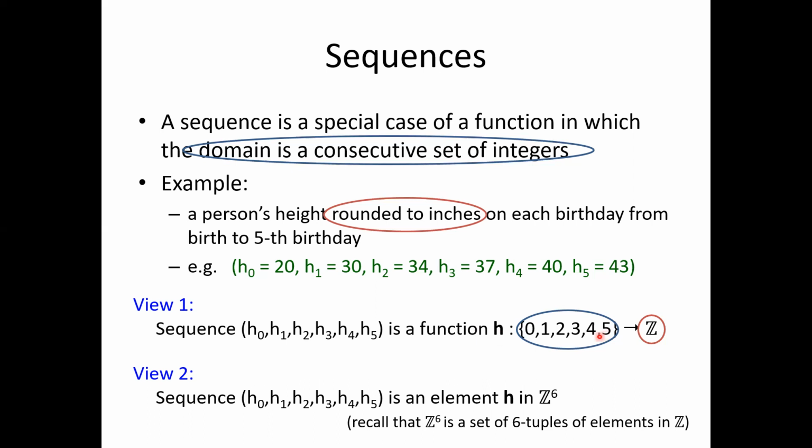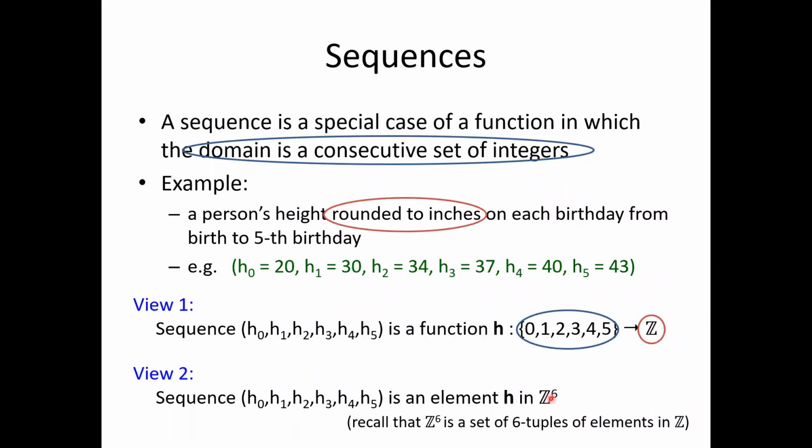It's just squeezing your eyes differently. You can look at this sequence as implicitly a function assigned to 6 consecutive integers, with values 20, 30, 34, 37, 40, 43, or you can think of it as a 6-tuple of integers. It's equivalent.